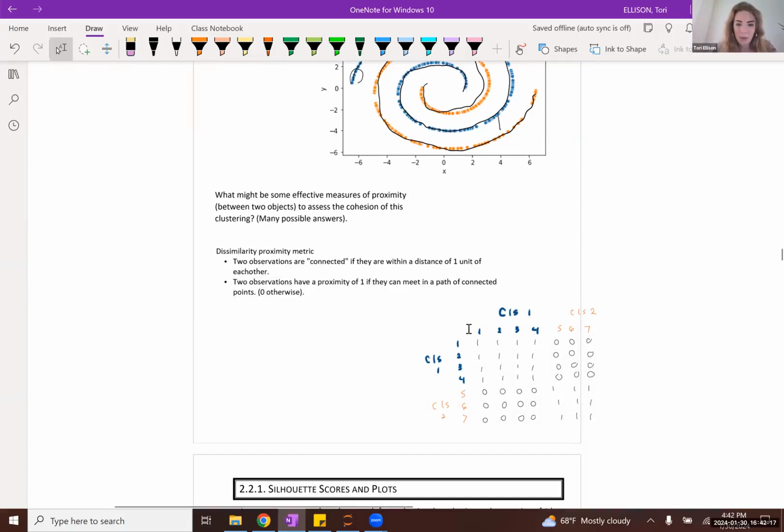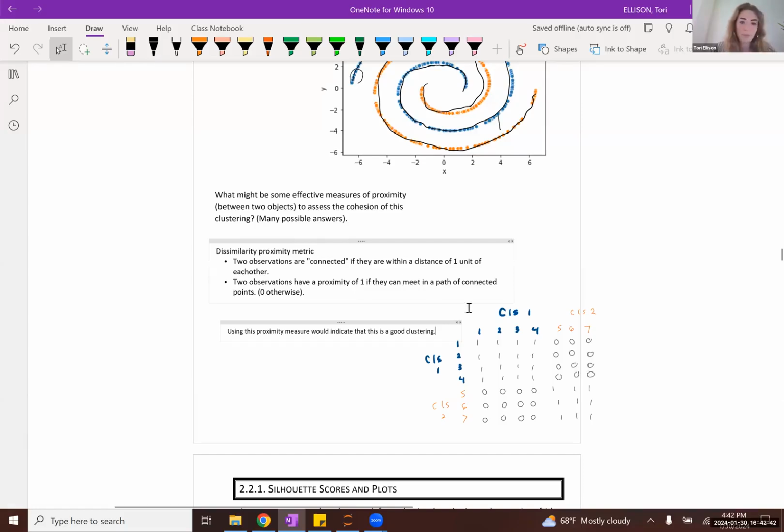The amount of similarity within the clusters is high, and the amount of similarity between the clusters is low. So using this proximity measure would indicate that this is a good clustering.